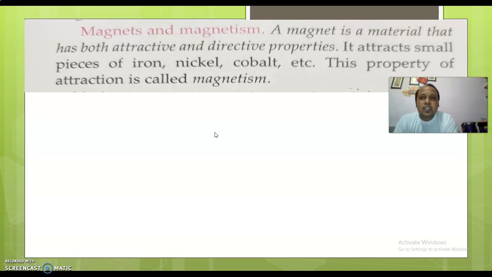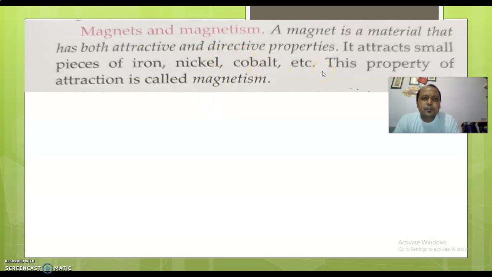You must have seen magnetic needles which are generally provided in watches also. You will find that it always aligns itself in the direction of Earth's north-south. That is known as the directive property. That means whenever it is freely suspended, it aligns itself in the direction of north-south.